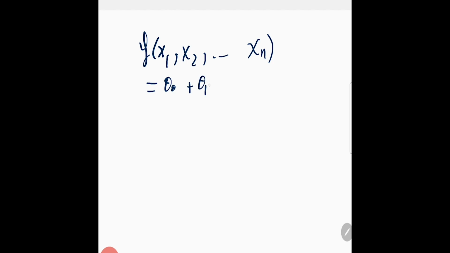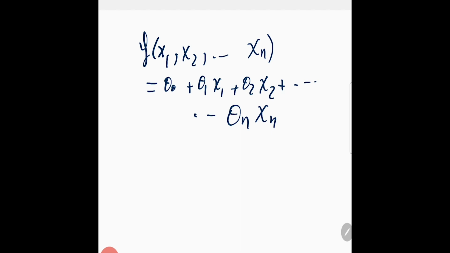So let's just say that our hypothesis will be actually a function of many x's rather than just one x. So we got x1, x2, up to xn, for example. And that will be equal to theta node plus theta 1 x1, plus theta 2 x2, plus, up to theta n xn.